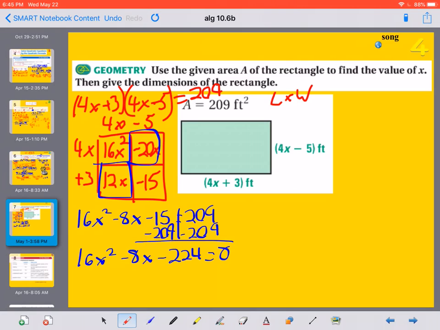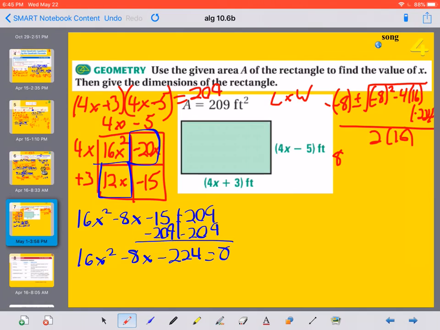So I'll have a negative 8 plus or minus the square root of that negative 8 squared minus 4 times a, which is 16, and c, which is negative 224, all over 2 times 16.